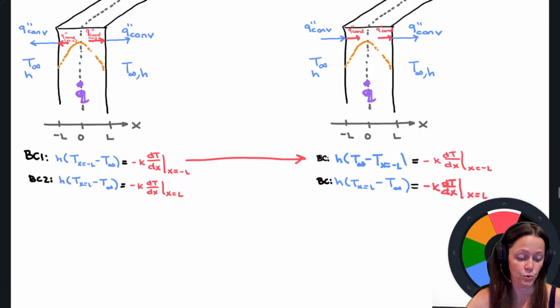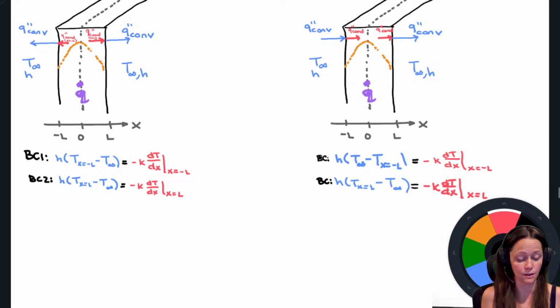The math would work out as long as you drew your diagram. Calculating a negative Q or a negative heat flux is just going to tell you that your arrow should have been flipped the other way, and it would have been fine.